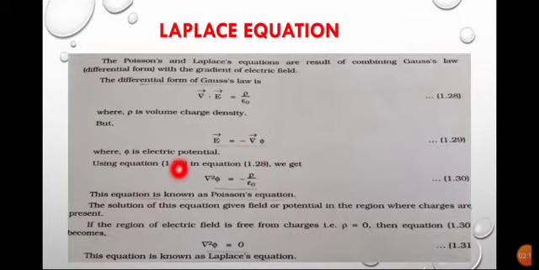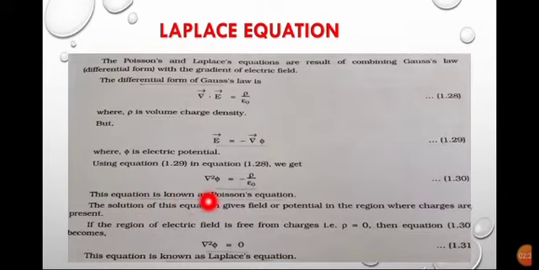Putting this value of E here, we have del square phi is equal to minus rho upon epsilon naught, and this is known as Poisson's equation.